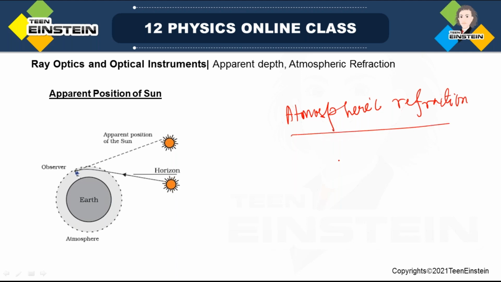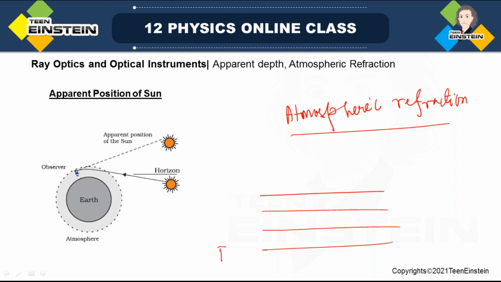So how atmospheric refraction happens, as you know, suppose this is the earth surface. As you go above and above up to a few kilometers, there is actually atmosphere.